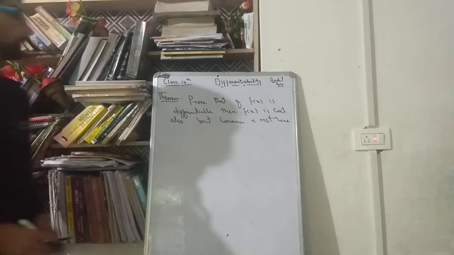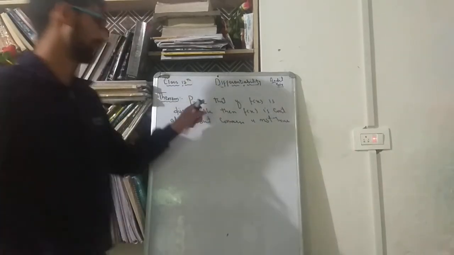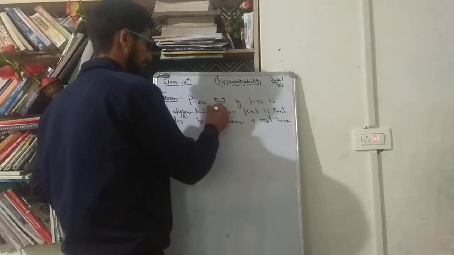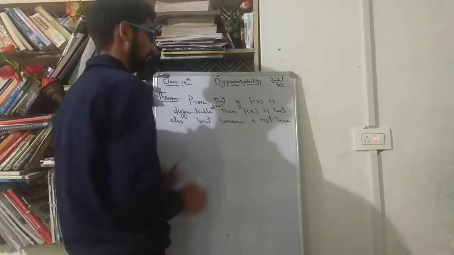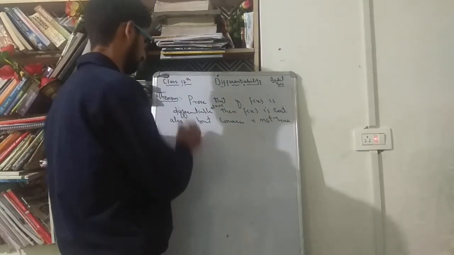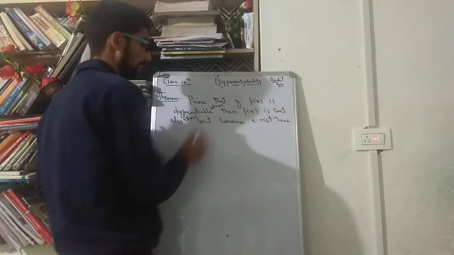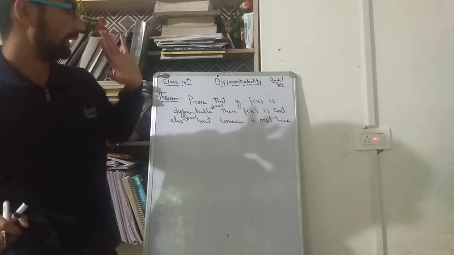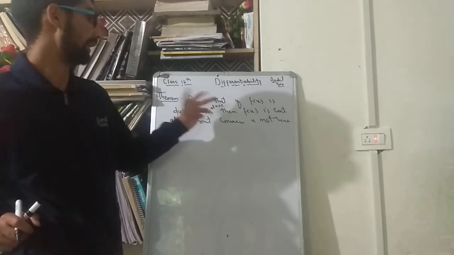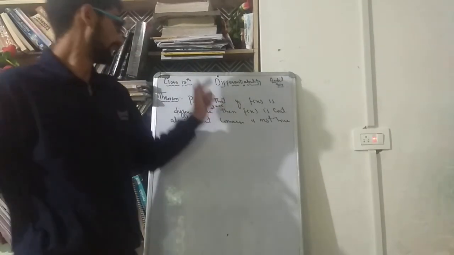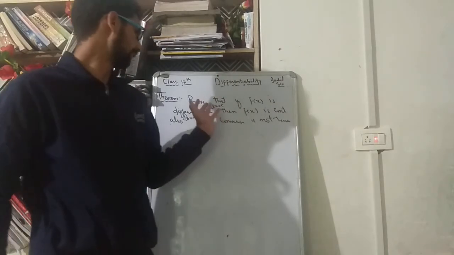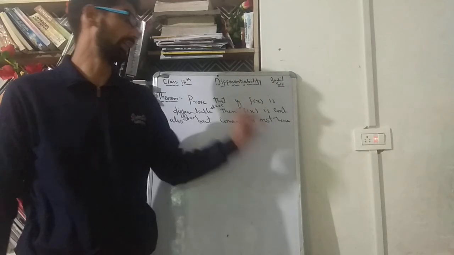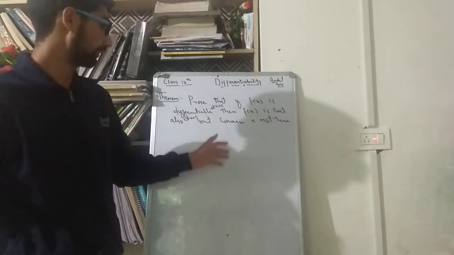The theorem says that if f(x) is differentiable at x equal to c, then f(x) is continuous also at x equal to c. But the converse is not true.